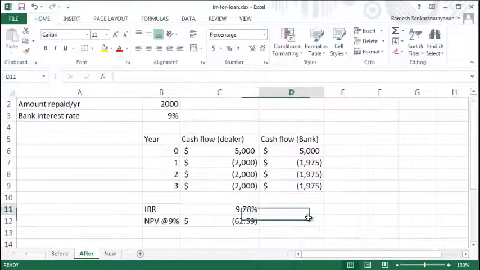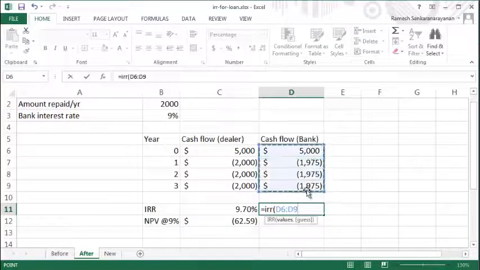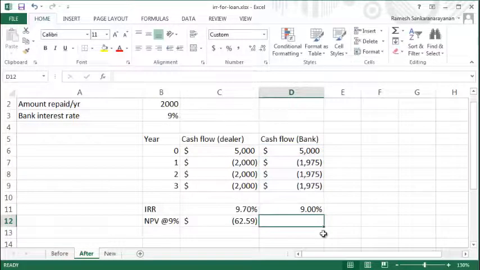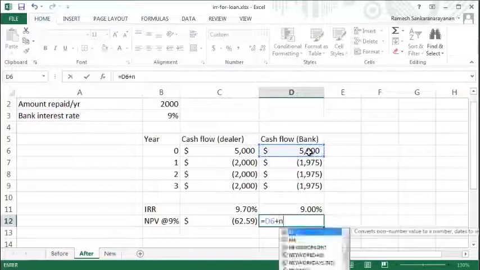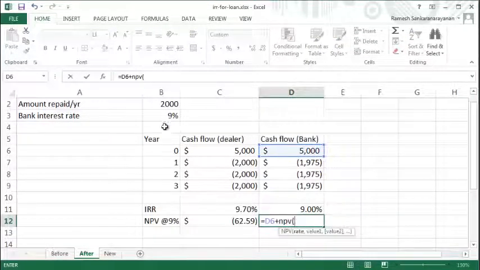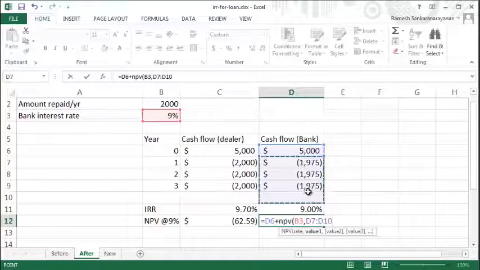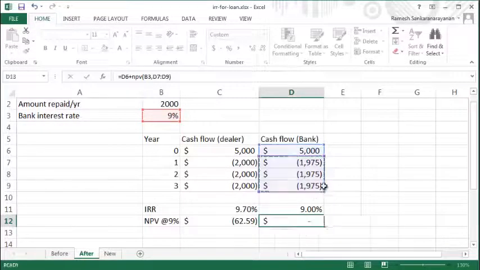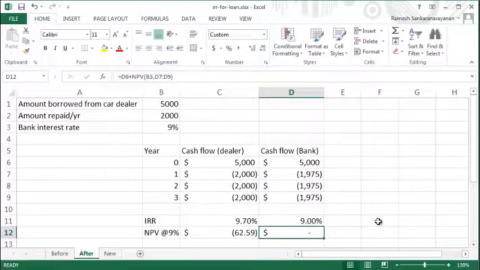Another way to look at this is to compute the internal rate of return of the bank cash flows, and it will be exactly 9%. And the net present value of this at the bank interest rate will be 0. It is 0. So all this confirms what we are saying.